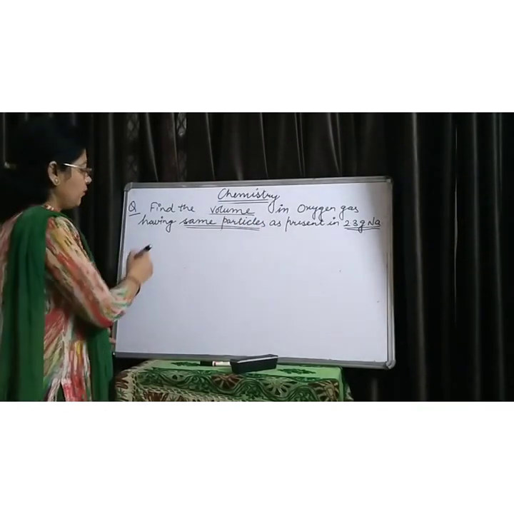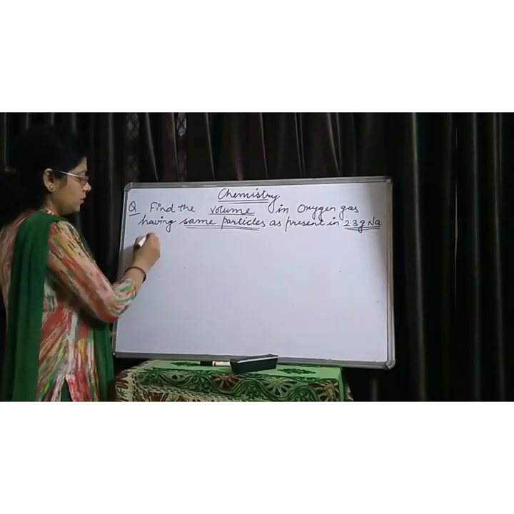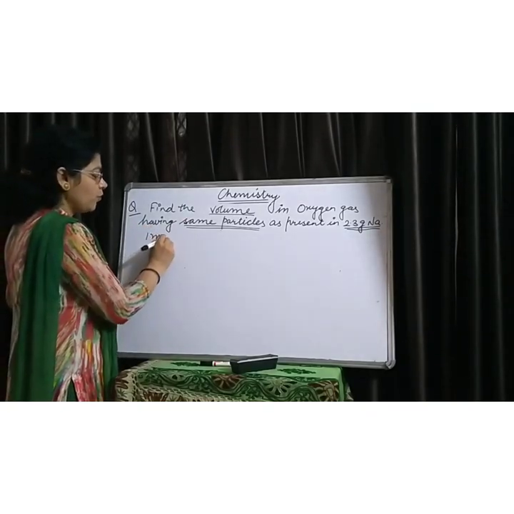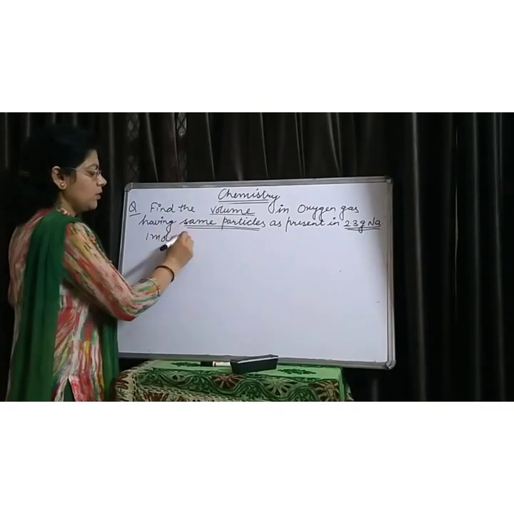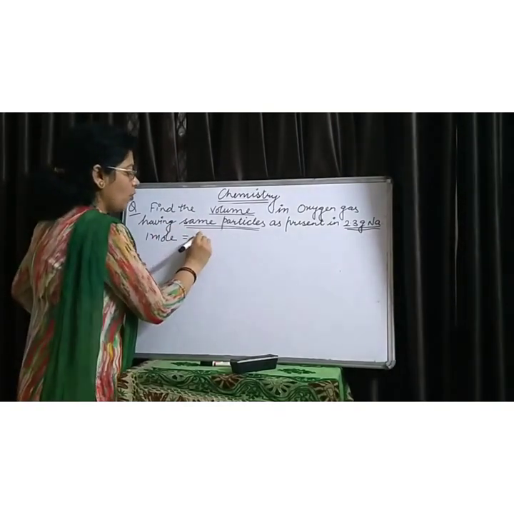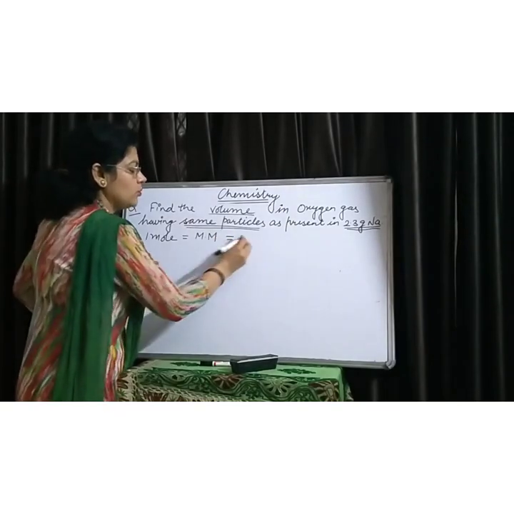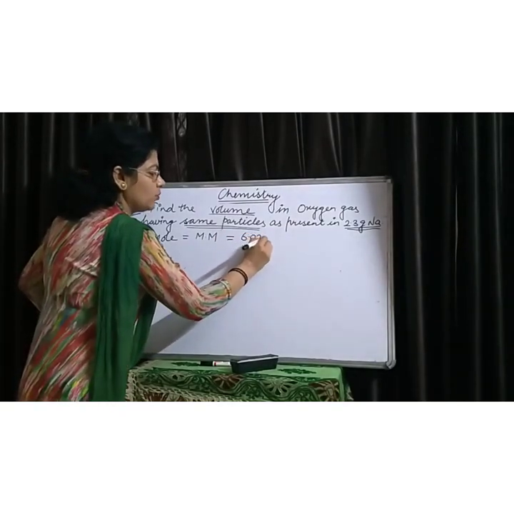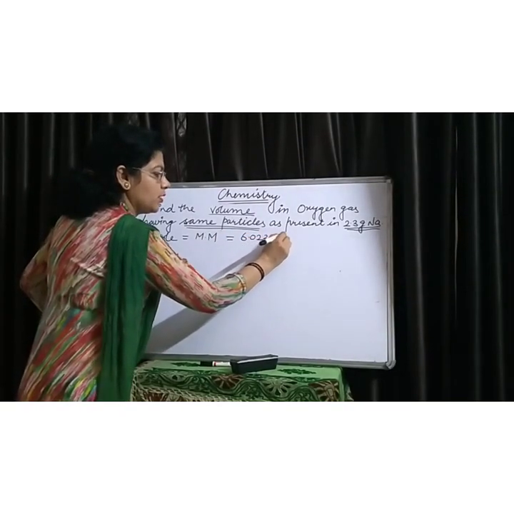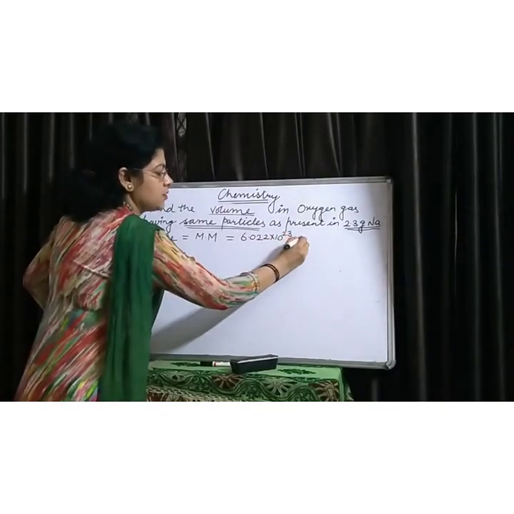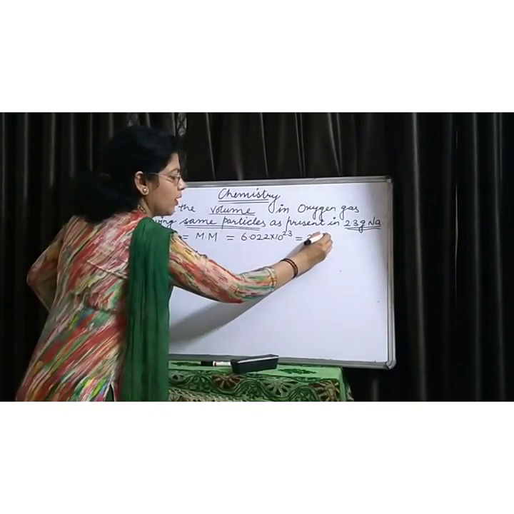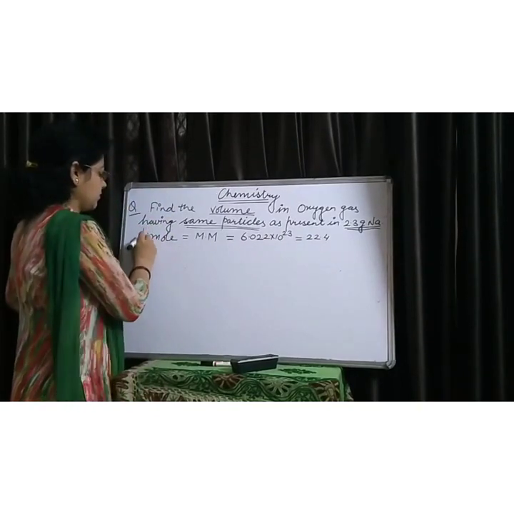First of all, we have to write the formula of mole: 1 mole equals molar mass, equals 6.022 × 10^23, equals 22.4 liters.